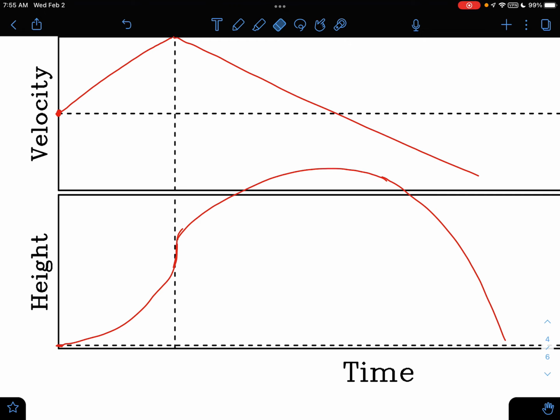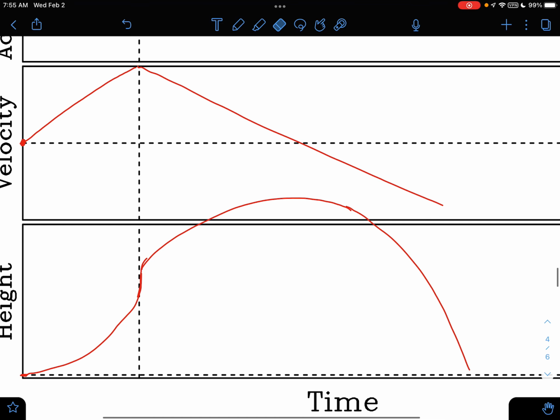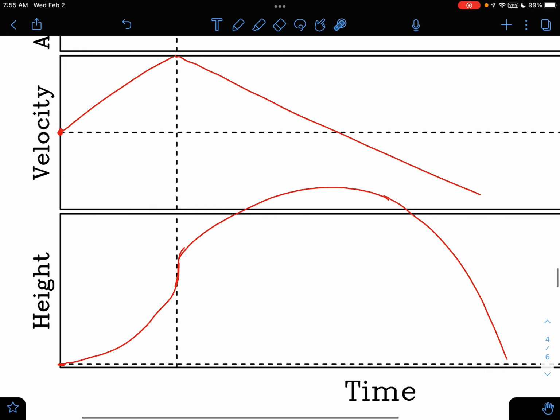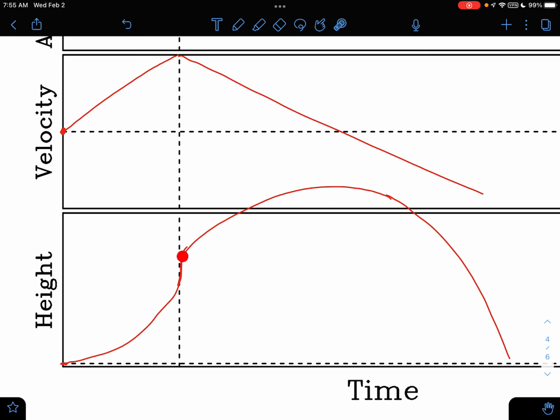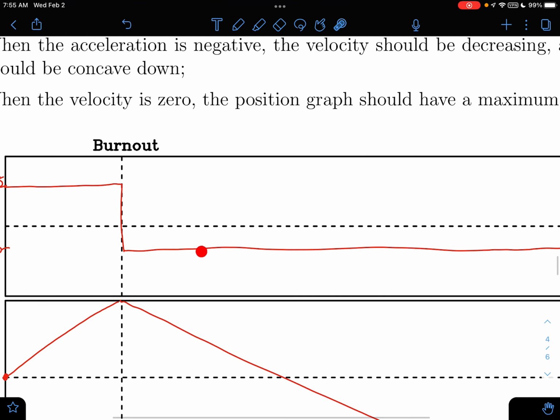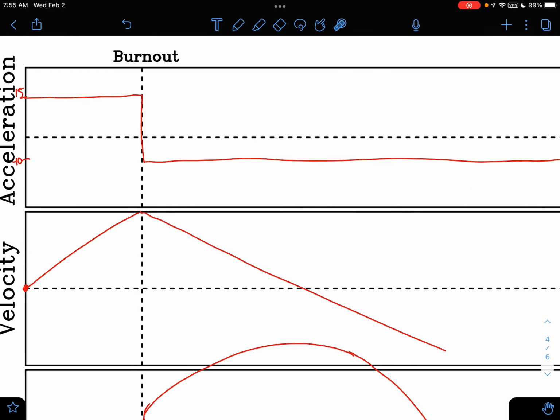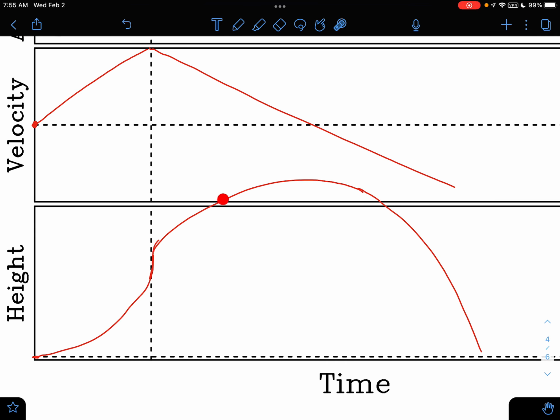We have concave up, and it switches to concave down, but our velocity is still positive until we hit 0, right? If we launch up at this exact second where our acceleration starts going down, our acceleration is negative and the slope of our velocity is negative, but the actual velocity is still going to be positive until we hit this 0.